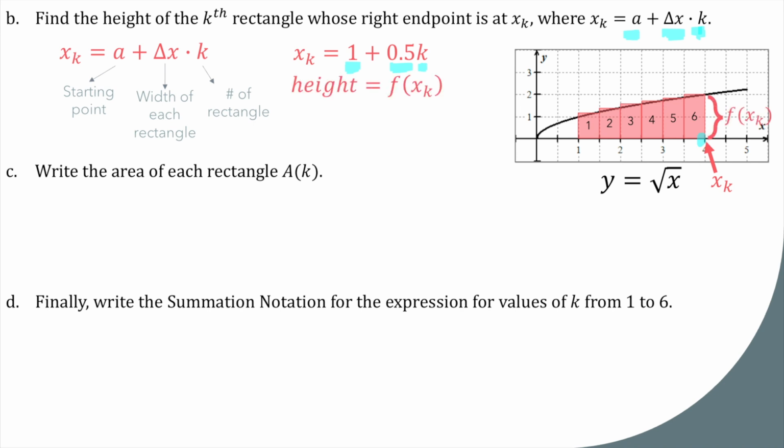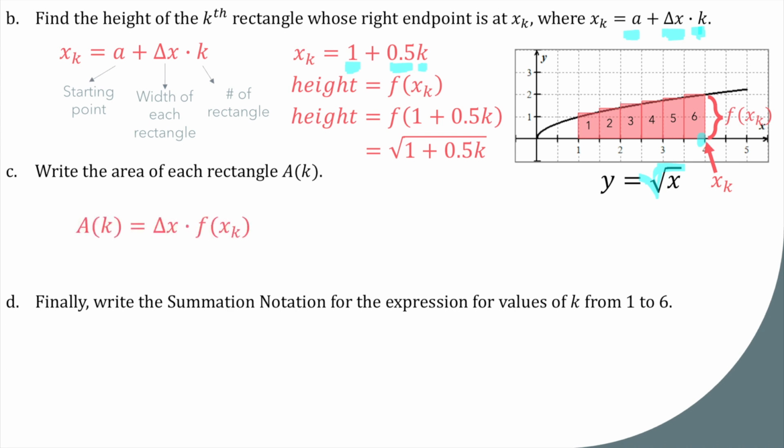Now the height of the function is going to be f of x, or in our case, f of x sub k. Our function is the square root of x, okay? So the height is going to be the square root of 1 plus 0.5k. Now to find the area of each rectangle, it's just base times height, or width times height.